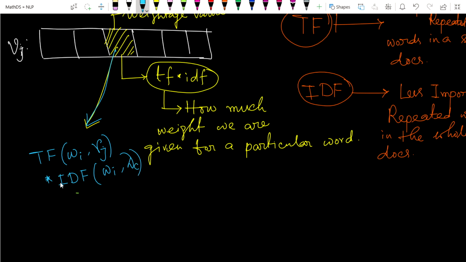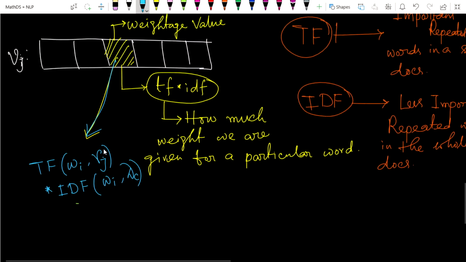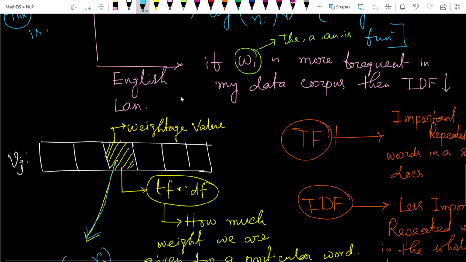This is the inverse: if wi occurs frequently, its value is decreased, and if wi is rare, its value is increased. In the next video we'll see why we take the log term here.